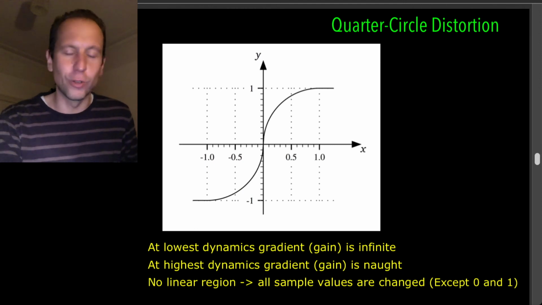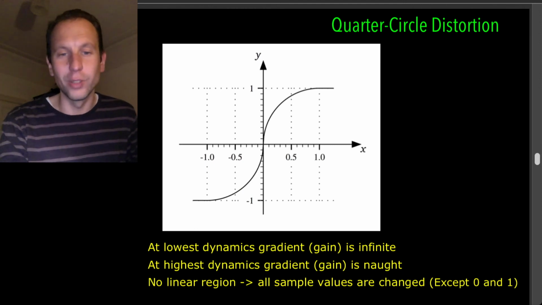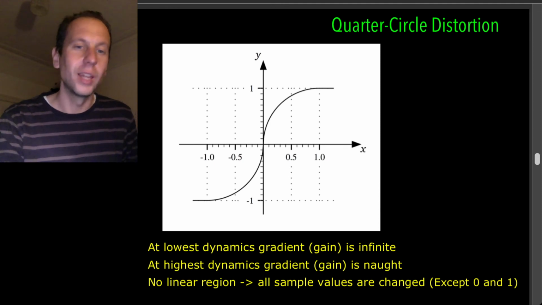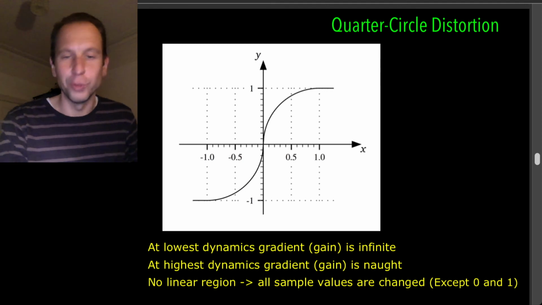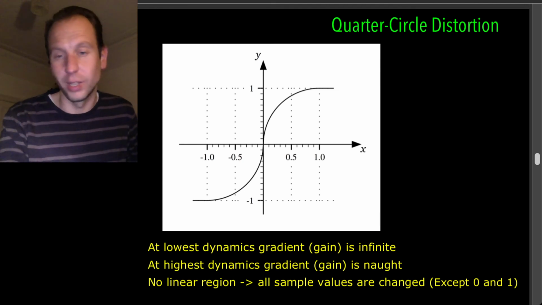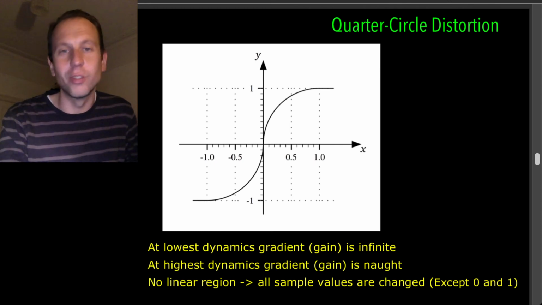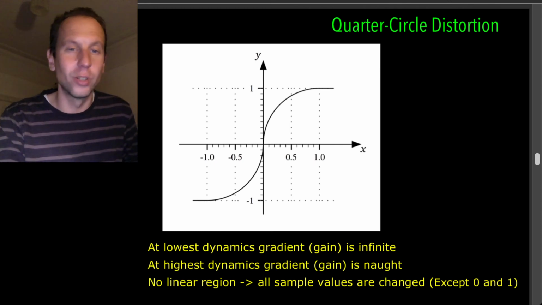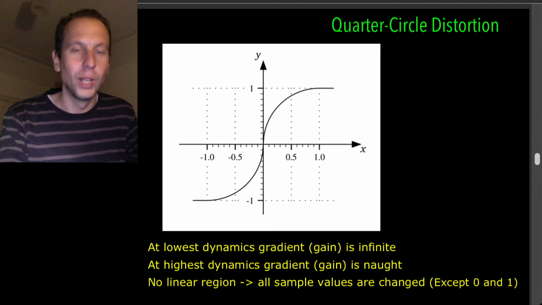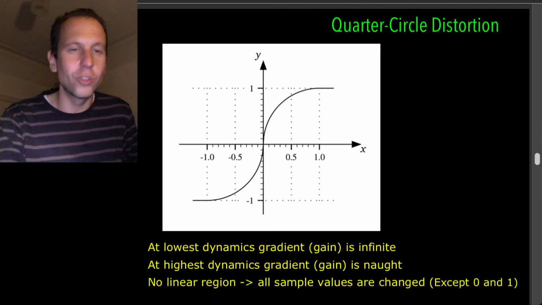Quarter circle distortion, that's actually the one that I left out as a postgrad researching these things. It was nowhere to be found. And then my colleague at UE published a book and he had this one. So the equation here is the equation for a circle, and it's split in two. The very interesting thing here is that very near the zero, the softest bits will actually become quite loud, right?